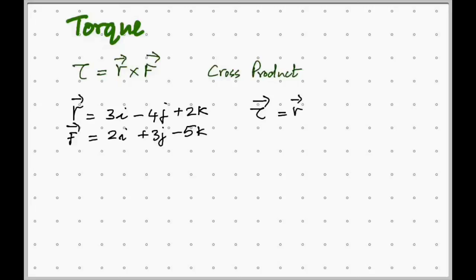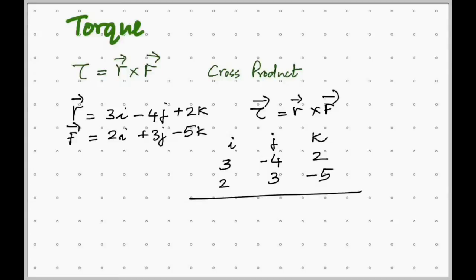It's R cross F. So what you would do is write i, j, k, and write the coefficients of R first in the first row, and then the coefficients of force, 2, 3, and minus 5. And just be a little careful.